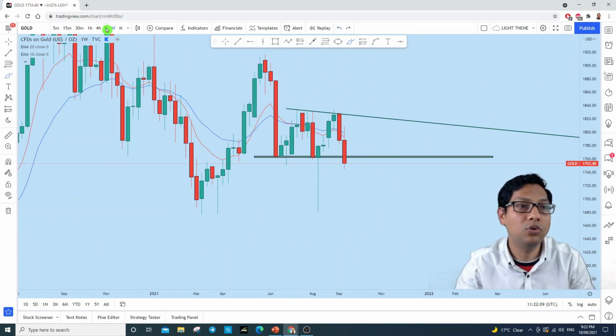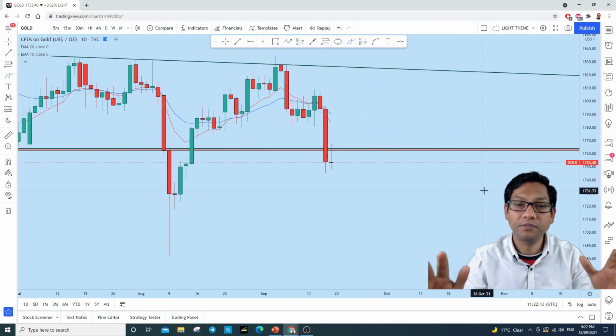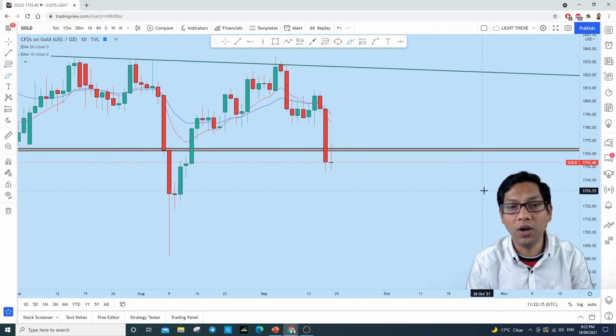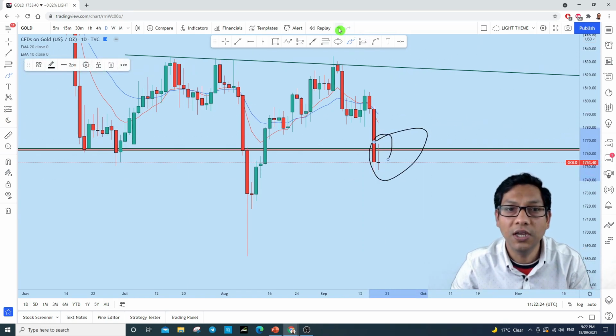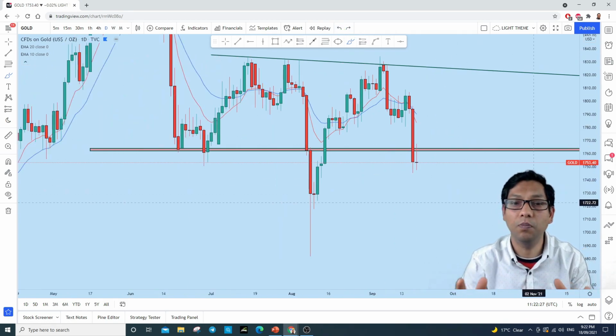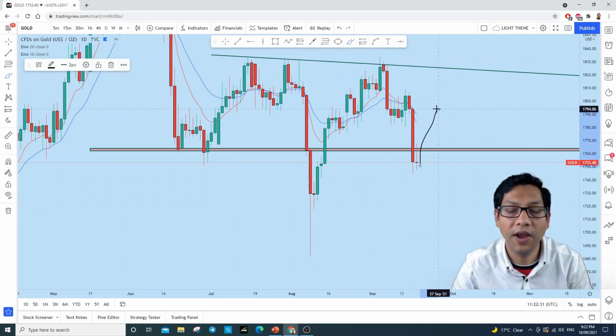Now let's go down to the daily time frame to see what kind of opportunity we have. On the daily, gold has created this doji, another gravestone doji. After this gravestone doji, many retail traders might think, very good, we might go long.